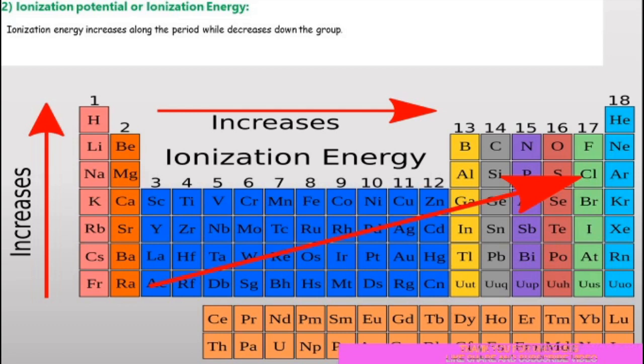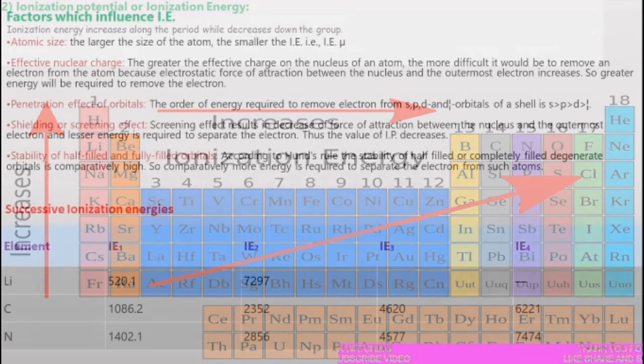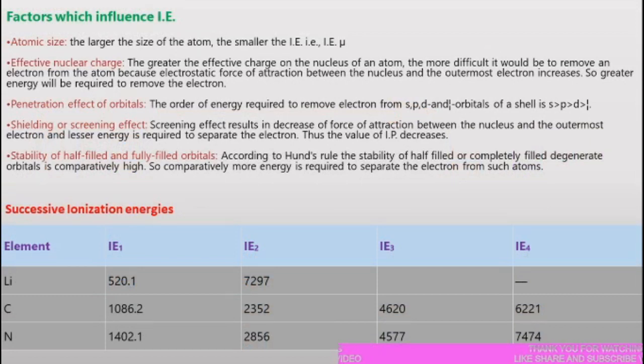That's why the ionization energy increases left to right, but from top to bottom the ionization energy decreases because the number of shells added in those atoms increases. So we can see here again the factors that influence ionization energy, why the ionization energy decreases and increases.